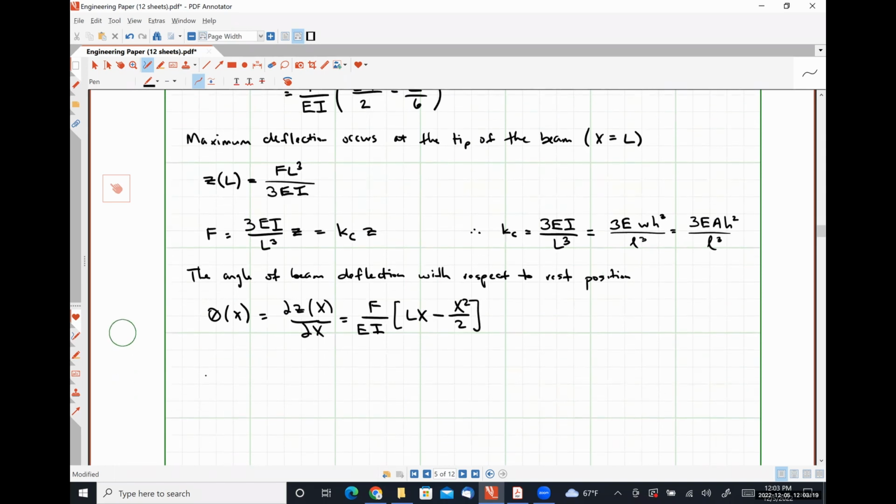At the end of the beam, the angle will be at its maximum.